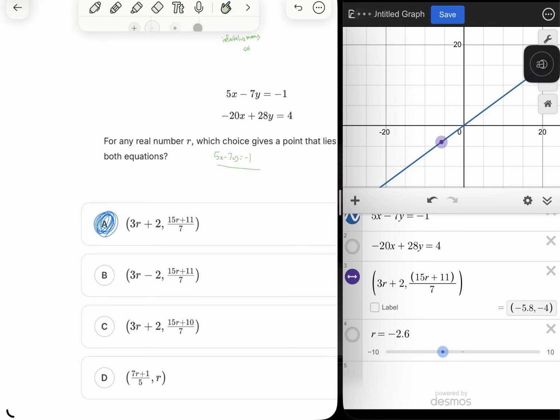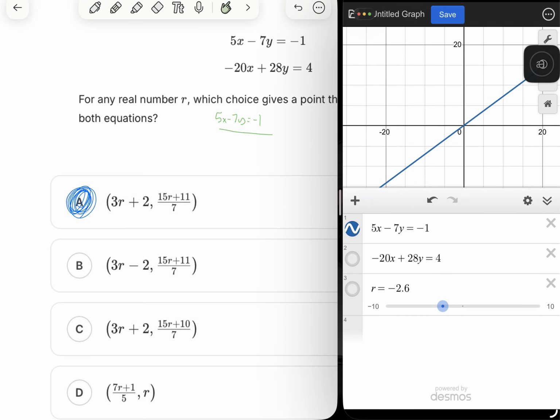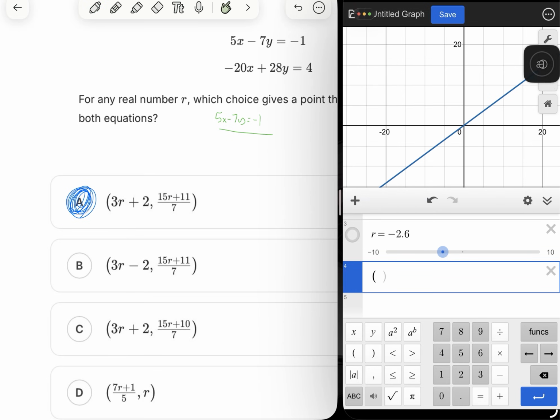Now let me show you another answer choice where it doesn't. Let's say you test answer choice B out. So you have 3r minus 2, comma, 15r plus 11 divided by 7. Now look at this.